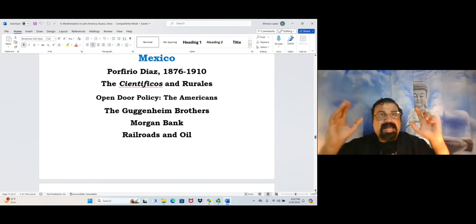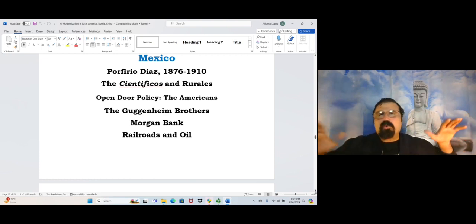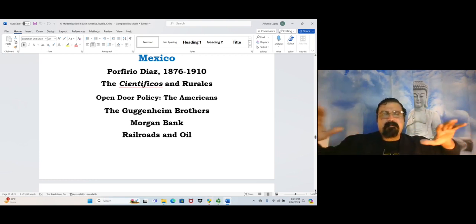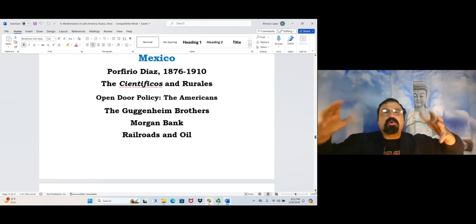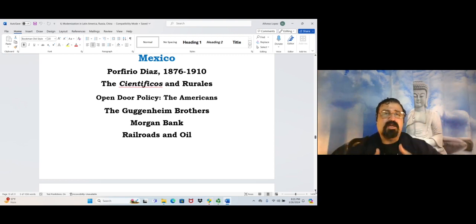They're using scientific analysis to solve problems. He's going to create a climate of authoritarian rule in which he said, only with an iron fist can I really modernize Mexico. He created a rural police known as the rurales to quell rebellions everywhere. All rebellions were quashed by the rurales in order to maintain order in the countryside and pretty much force the process of modernization.